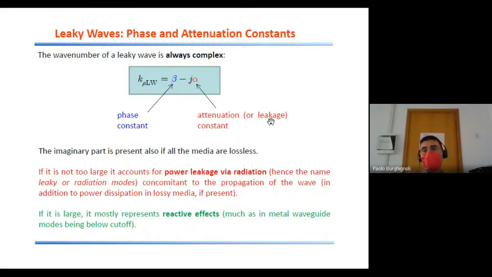That's why we call it leakage constant, and that's also why we call those modes leaky modes, or sometimes radiation modes, because they radiate while propagating. So this is a kind of wave that loses power in the upper unbound medium, and can only exist in some open waveguide.